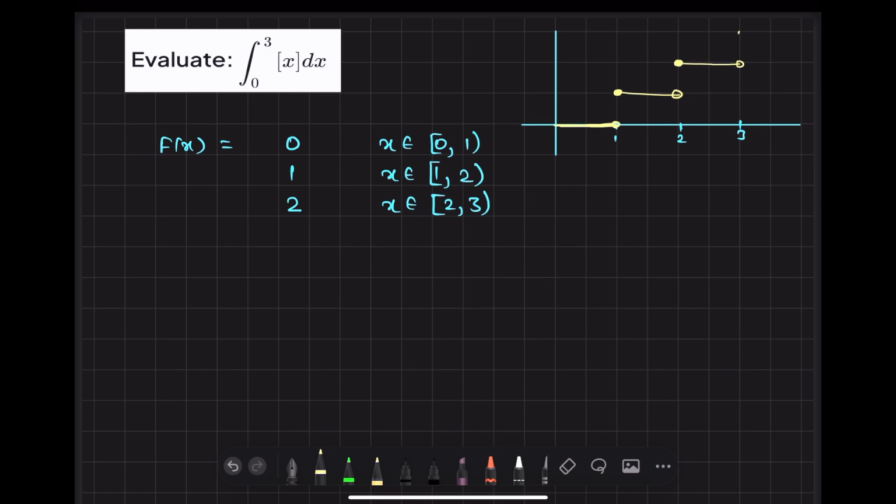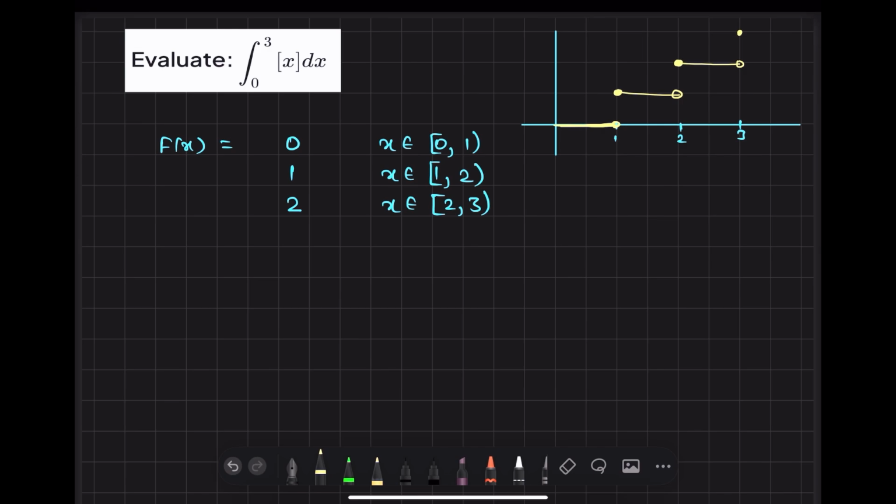Okay, and then this point. You know that this point will not influence the area that much. Okay, it's a definite integration, so it means it's the area under the curve. So this area will be negligible. Okay, from 3 to 3, the gap is 0.